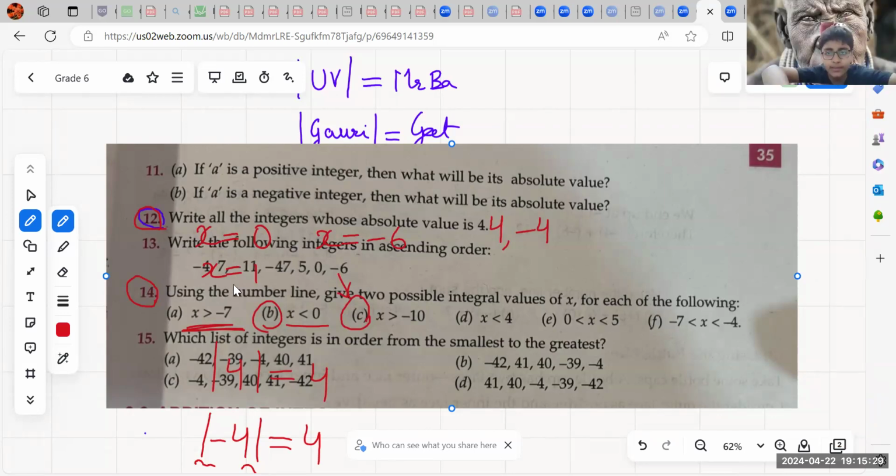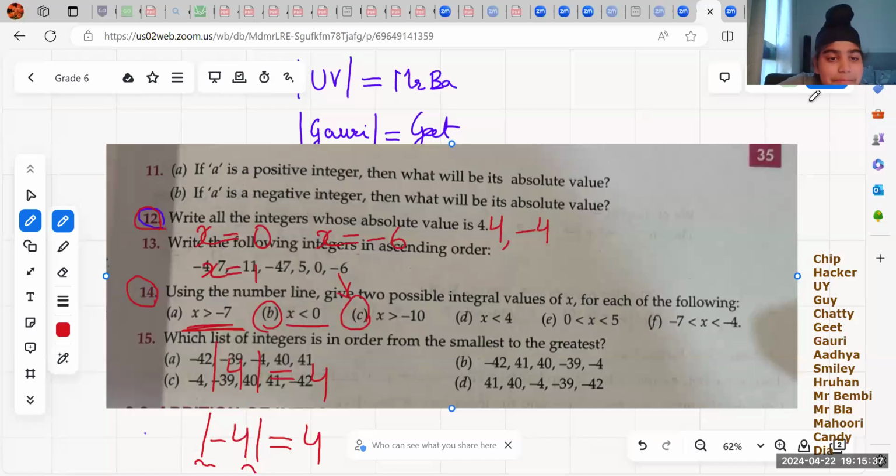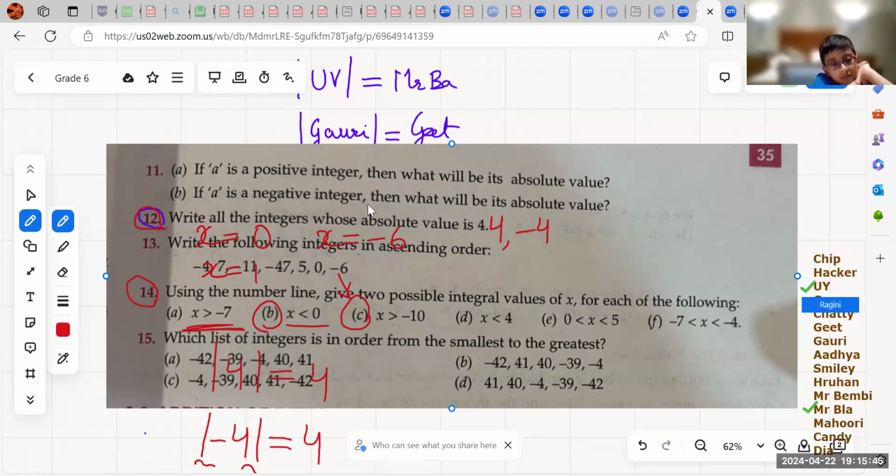No, beta, only the C part. Just the C part, give it to me. Sir, every positive number. Oh, I got it now.